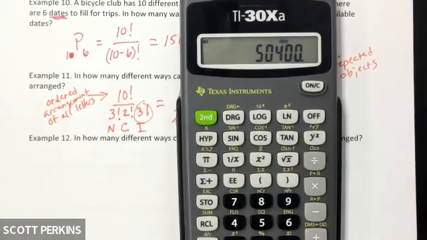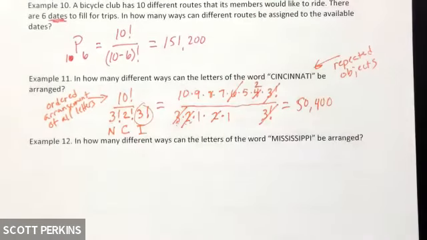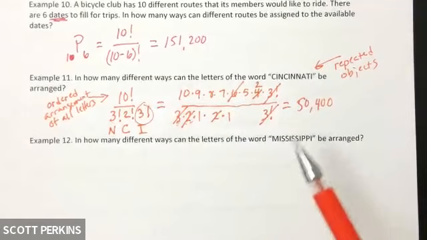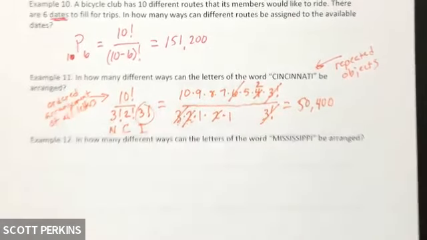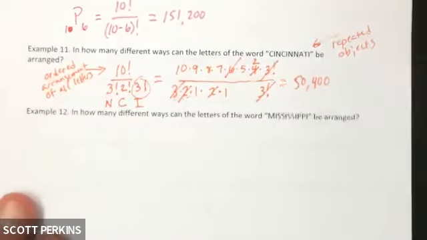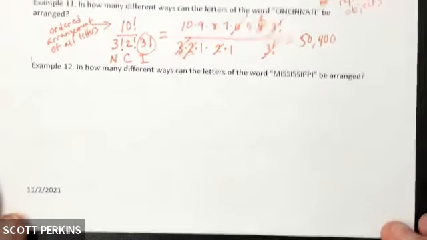And I get 50,400. If you're confident with your calculator, or some of you have a calculator with a display that you can input everything and then hit enter at the very end, then you can go ahead and input it like that. But just in case you're like me, I'm not always confident in my calculator ability, I would probably do it like that.